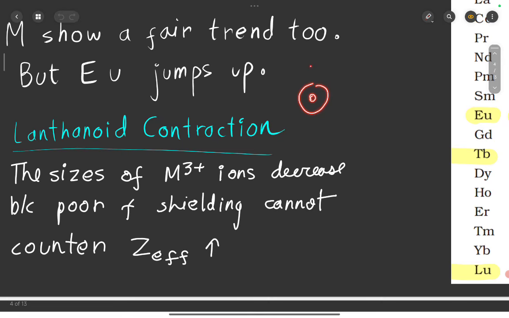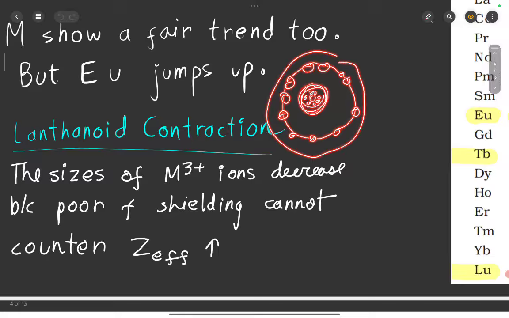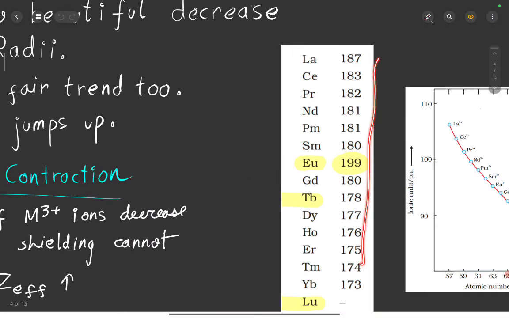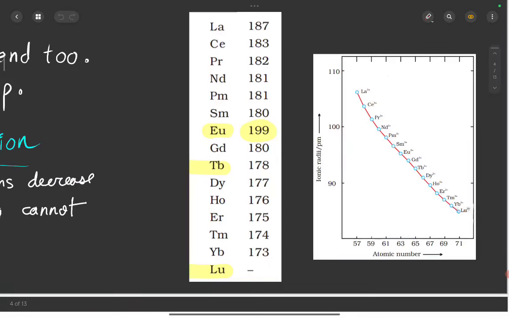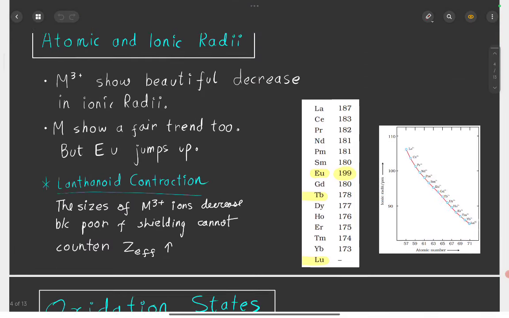Imagine this is the f subshell: as you add more electrons, of course the nucleus also gets more positive charge, but the shielding is so poor that it is not able to protect the outer shell from the Z effective of the nuclear charge. So the positive charge increases, but the electrons are not shielding each other. So the outer shell just gets pulled in. This explains the regular decrease in the radius of the M3+ ion, and this is what we call the lanthanoid contraction.